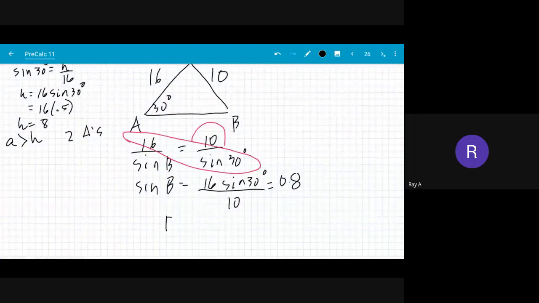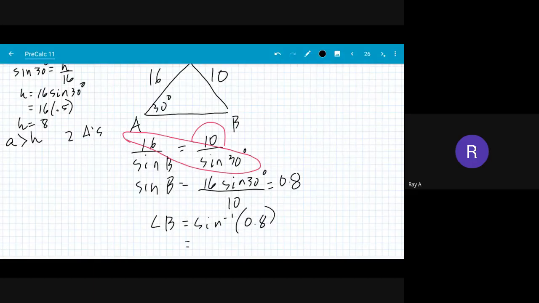Therefore, angle B is equal to the sine inverse of 0.8, or about 53 degrees.